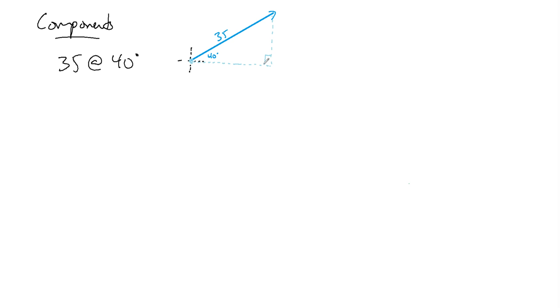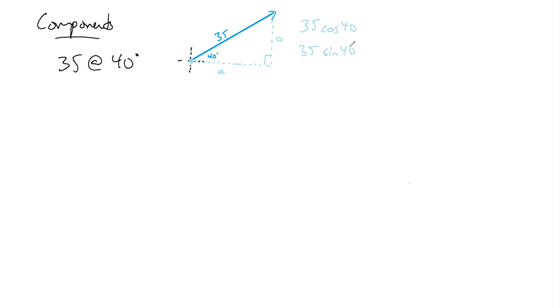So if I'm going to solve for the sides, this side down here is the adjacent to the angle, this is opposite. So for the adjacent, typically you're looking at the cosine function, and for opposite you're typically looking at the sine function. So if I use my trig, if I do 35 cos of 40, this will give me my x component, and if I do 35 sine of 40, that'll give me a y component.